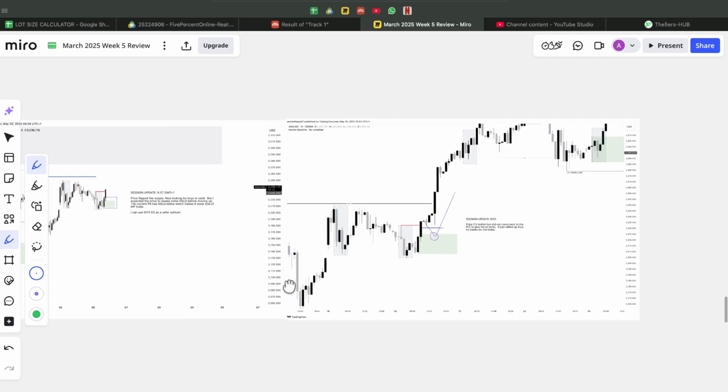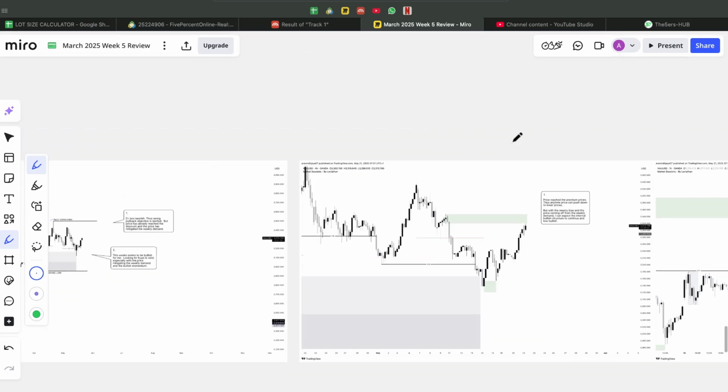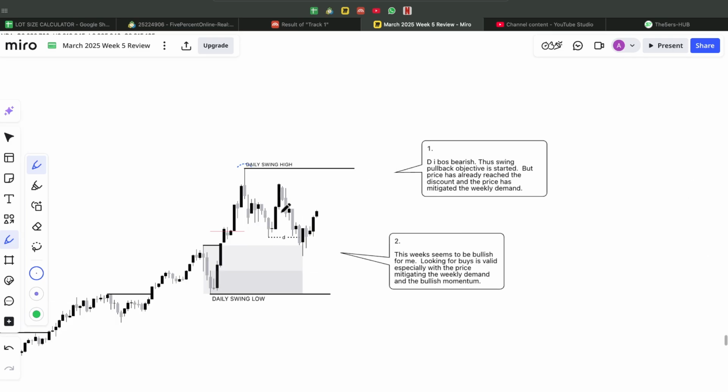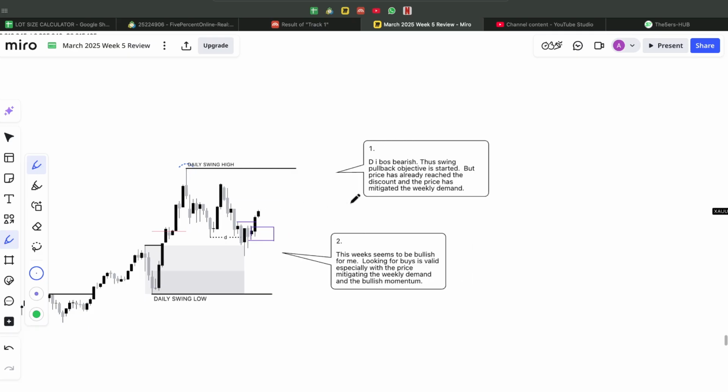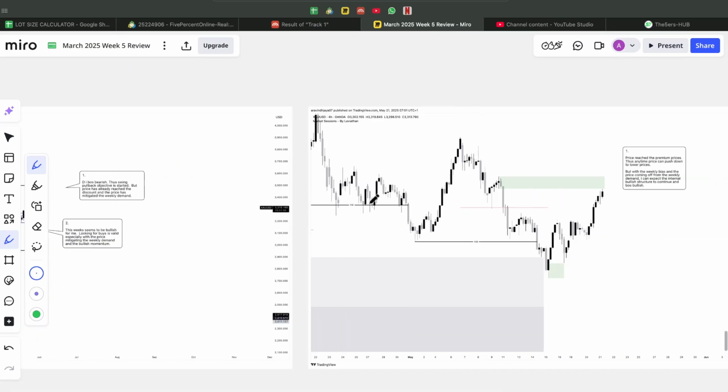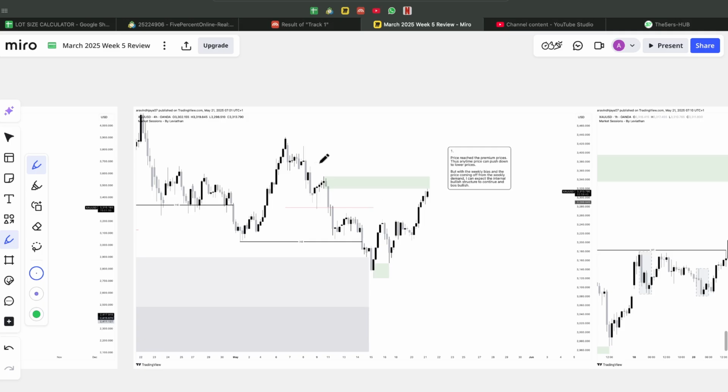It did not happen. So again, from the daily perspective, the daily is still in the same area of value. The price has chalk bullish in the daily, which means that we are having a new daily demand zone that is holding the price. So moving on to the 4-hour chart. From the 4-hour perspective, the price has reached into the 4-hour swing premium prices, and it has almost mitigated this area of supply.